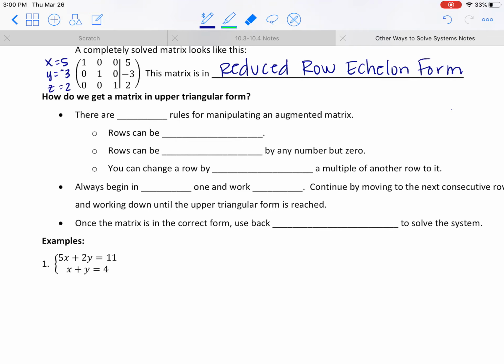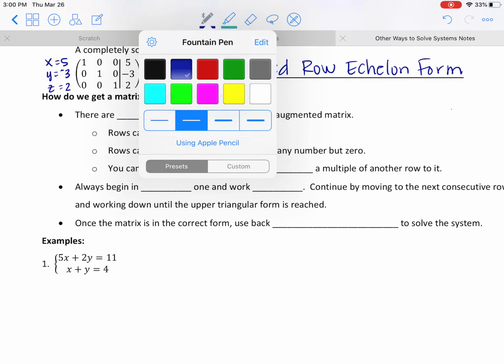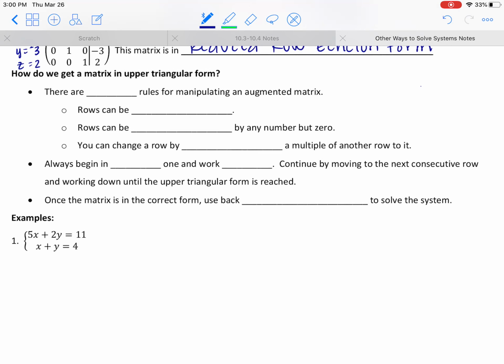All right, so now let's talk about these rules. What are we actually doing to manipulate a matrix? So there are 3 rules, and I'm going to hopefully help you understand when we're going to be using each of these rules. And really, the rules are the same rules we use for elimination, okay? One of the rules is that any rows can be rearranged or interchanged.